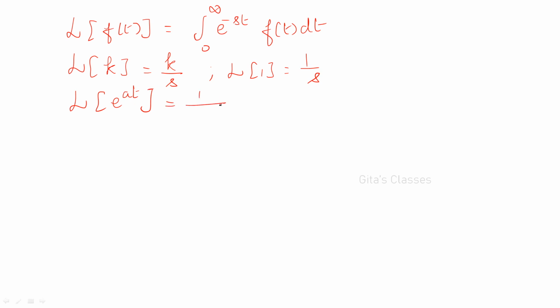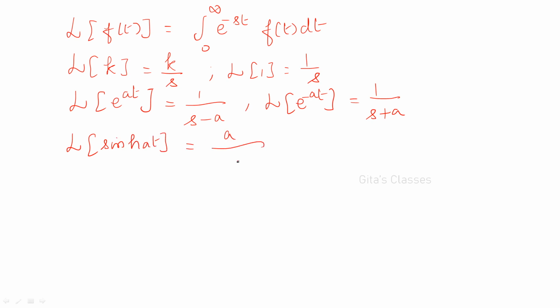So L of e power at is 1 by s minus a, and L of e power minus at is 1 by s plus a, and L of sinh at is a by s squared minus a squared.